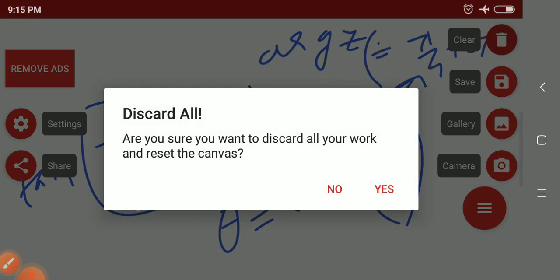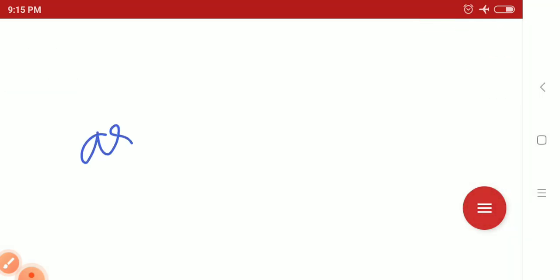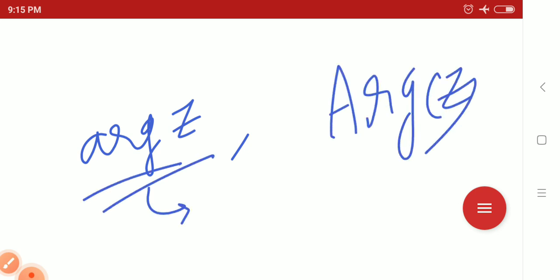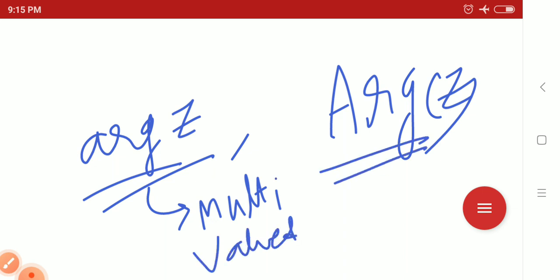That is the difference between only argument of z and principal argument of z. Multi-valued function means we get different values of argument of z for the same point. Here it is a multi-valued function, and the principal argument is a single valued function.